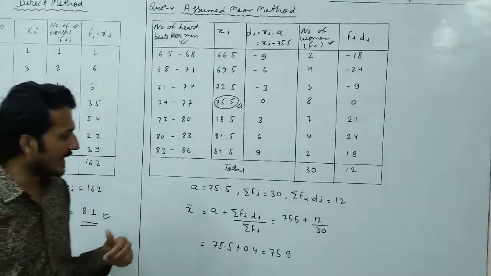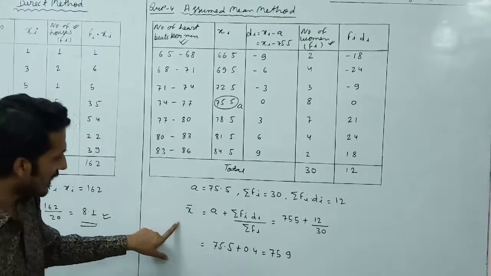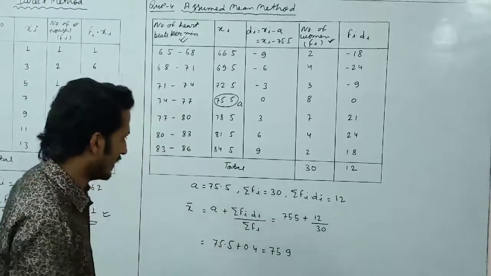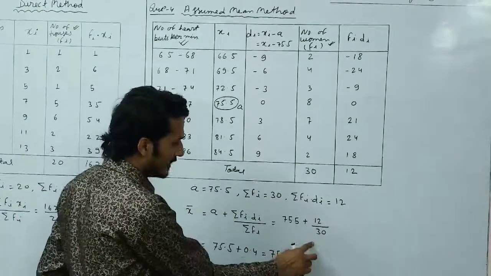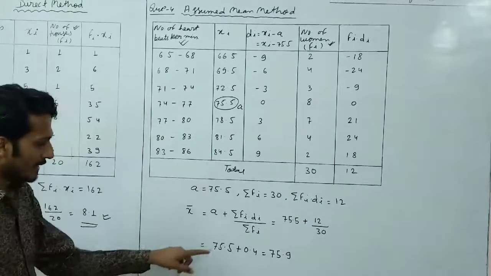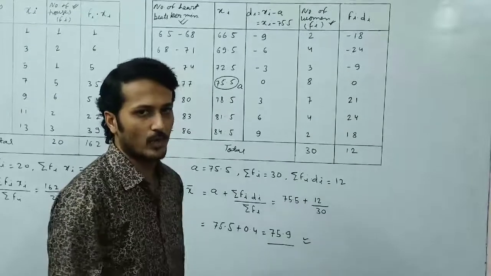Now to calculate mean by assumed mean method, we have the formula x bar equals a plus sigma fi di upon sigma fi. Now the value of a is 75.5, the value of sigma fi is 30, and the value of sigma fi di is 12. Now put the values, and by calculating we get the required answer 75.9.